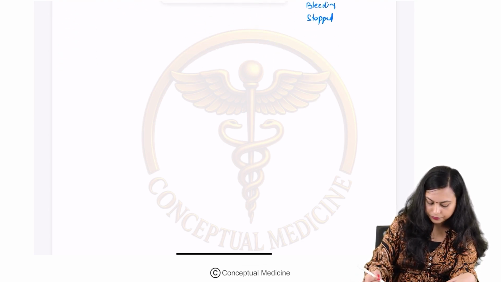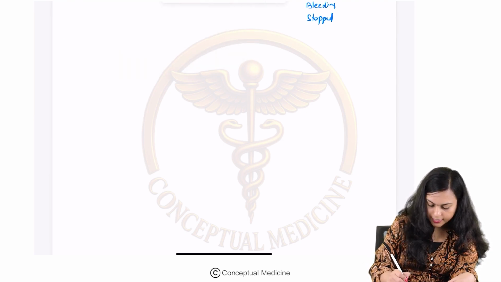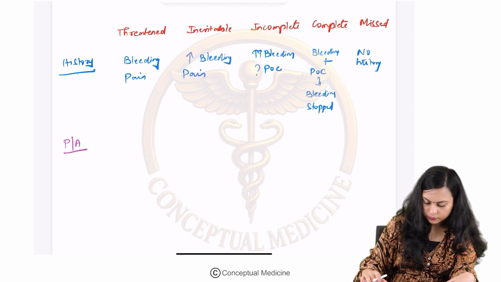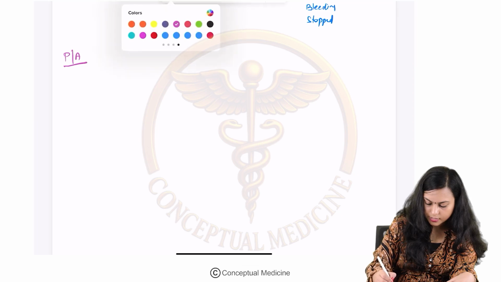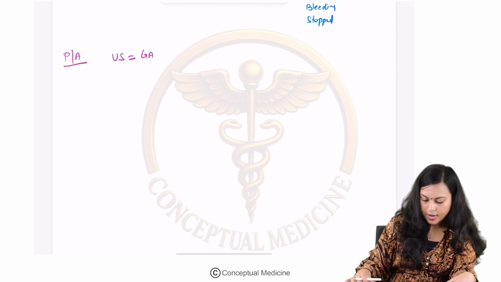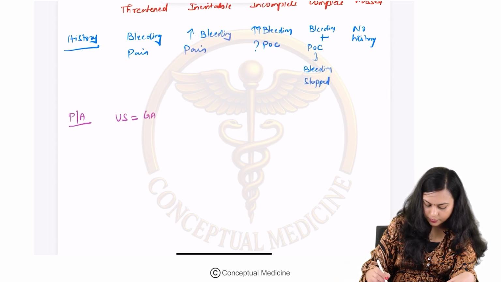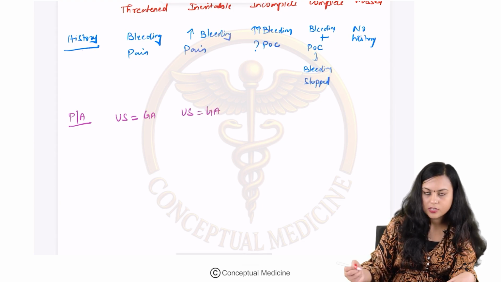Next, if we take the examination findings, first we will see the per abdomen findings. In threatened miscarriage, the height of the uterus, I'll just mention it as US, that is uterine size, corresponds to the period of gestational age. In inevitable miscarriage also, the uterine size corresponds to the gestational age.